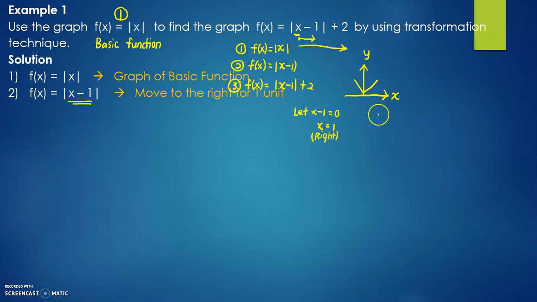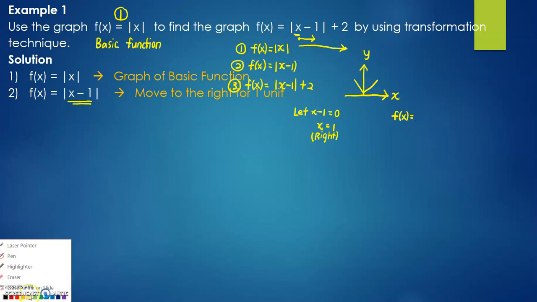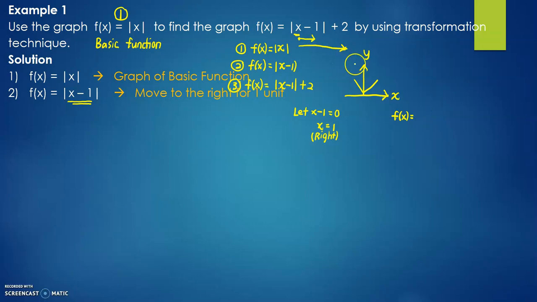At the same time, don't get confused with this graph, f(x) = |x| - 1.